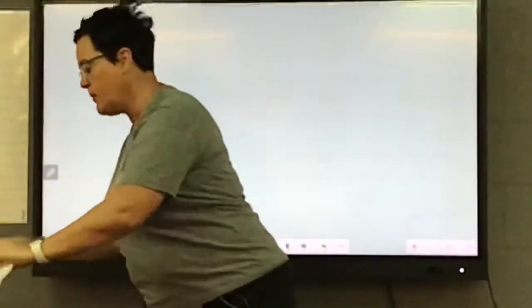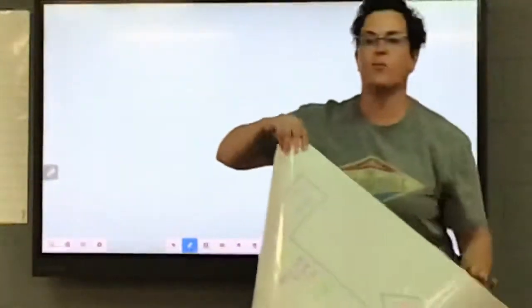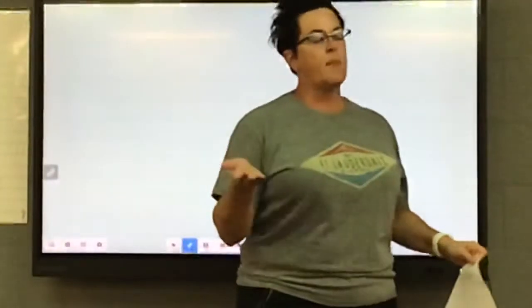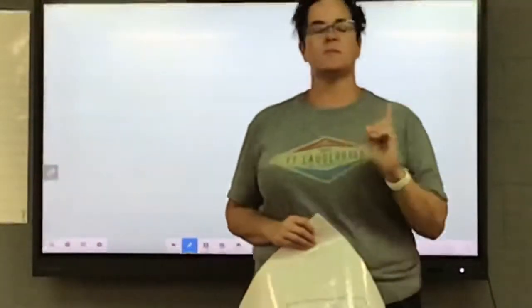Okay. Remember our other multiplication rule that we learned, the property of 1? When we multiply a number times 1, it always equals the other number, right? But what if it's 1 times 1? It equals 1. What if it's 1 times 0?